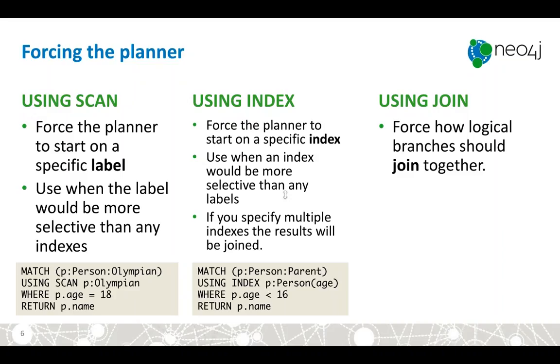And the third one is using join. This is forcing how a join operation takes place. So if I take a step backward here, actually back to using index, there's the third bullet point. I'm talking about how we can use multiple indexes on a plan. So it's possible in a pattern match that goes from A to B to C to D to E that we can say we want to start with both A and E using an index on both ends of the pattern match.